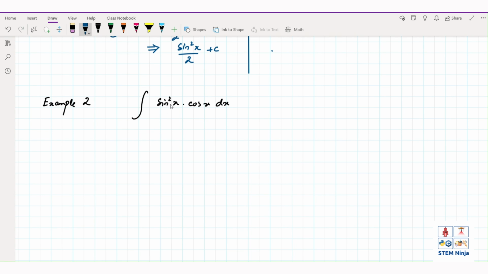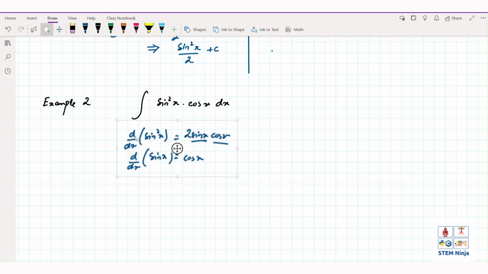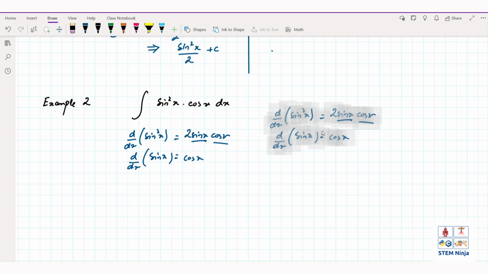We don't need the sine squared as our u, because the derivative of sine squared would be 2 sine x cos x. We don't have the sine x; we have sine squared and cos x. So we just need the cos x. So we take the sine x instead. We know the derivative of sine x is cos x, so that's what we take as our u.